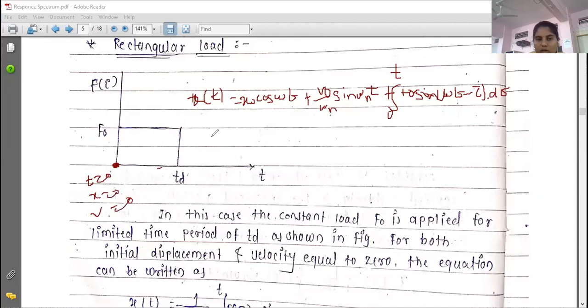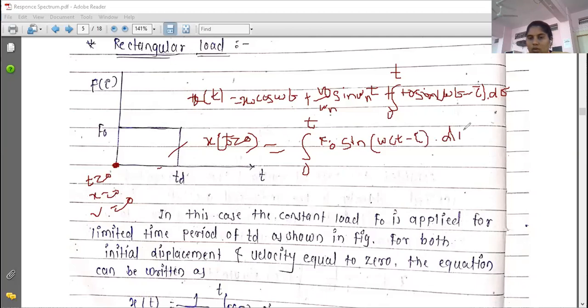Means at the initial boundary condition x of t is equal to only the integration part that remains, integral from 0 to t of f naught into sine of omega (t minus tau) d tau.